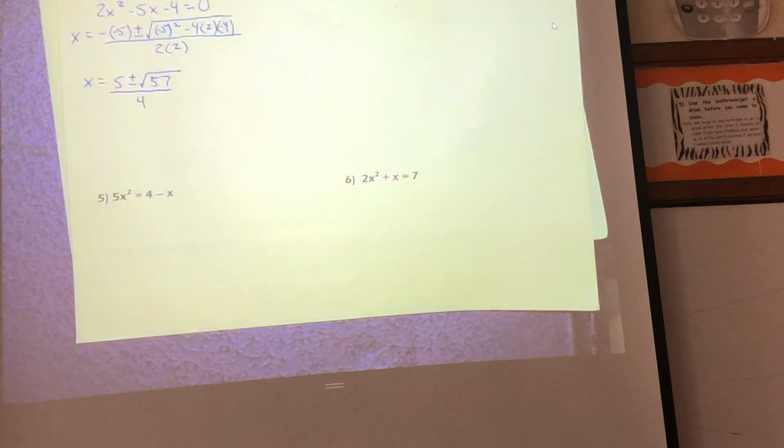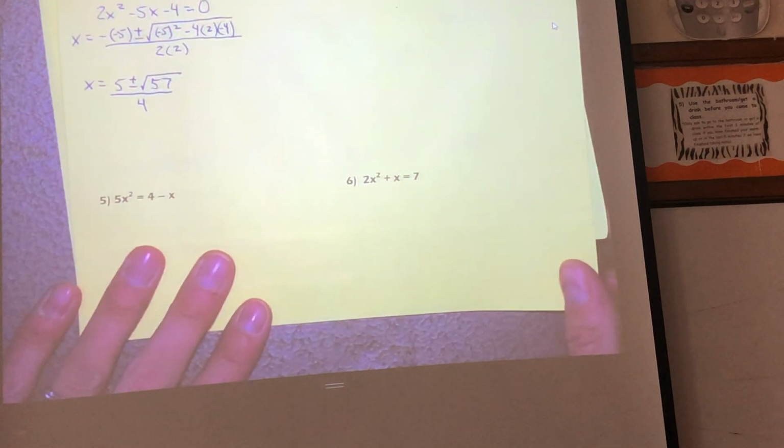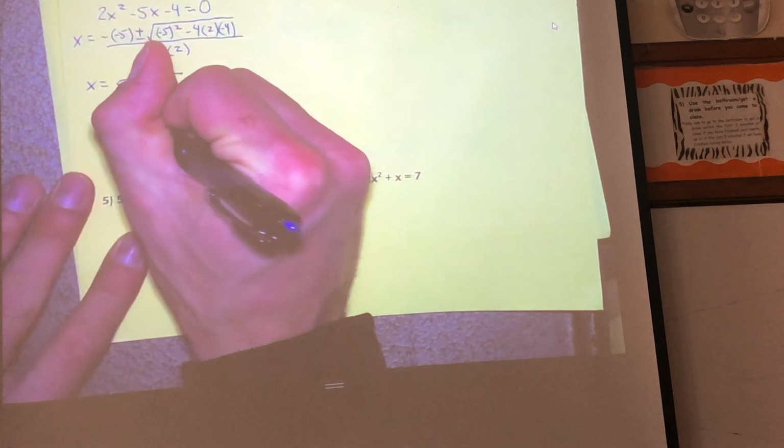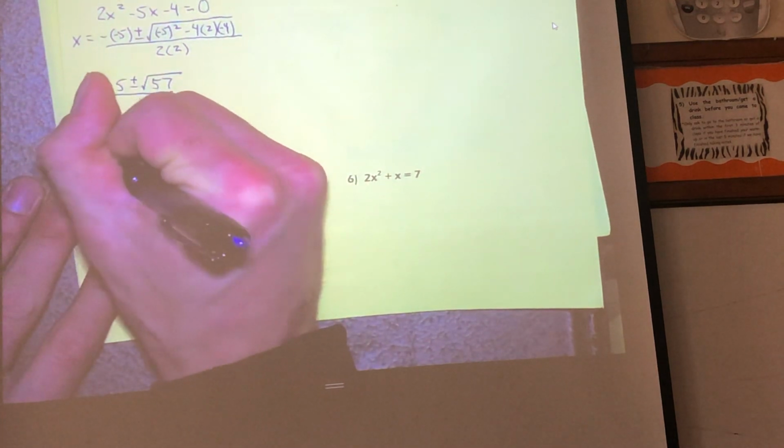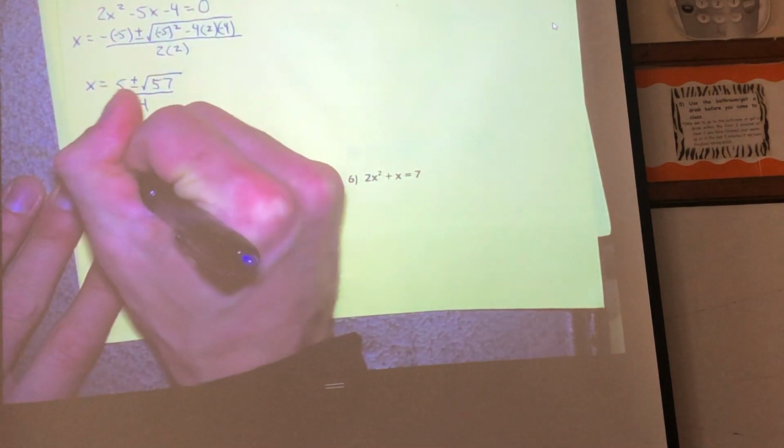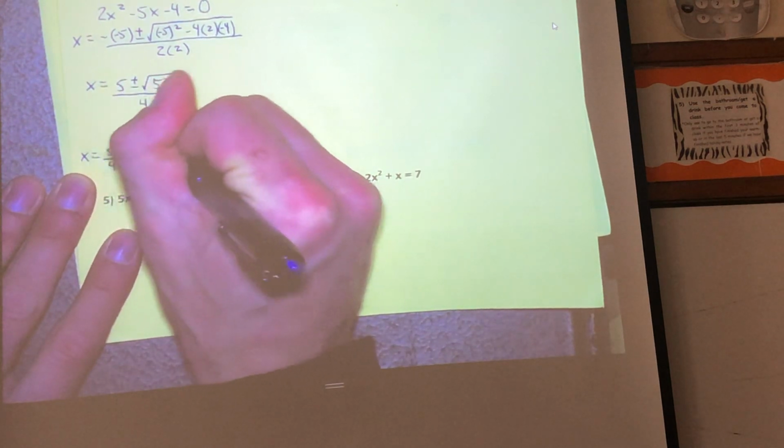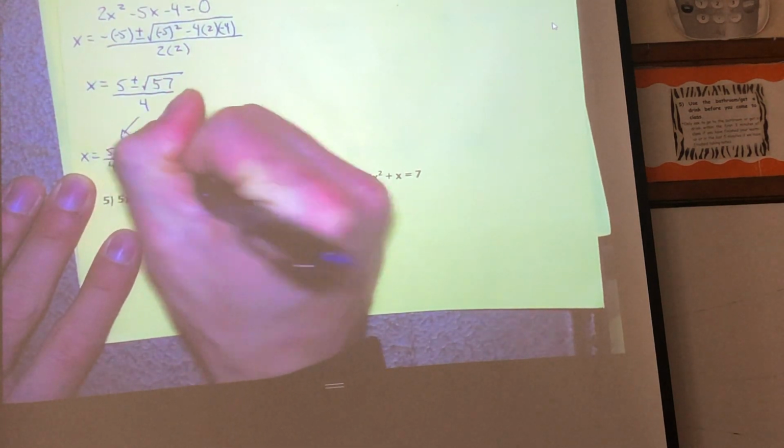So the only thing we're going to do now is start to break this into fractions and then round to the nearest hundredth. So what I'm going to do here, I'm going to break this x is equal to 5 over 4 plus radical 57 over 4.